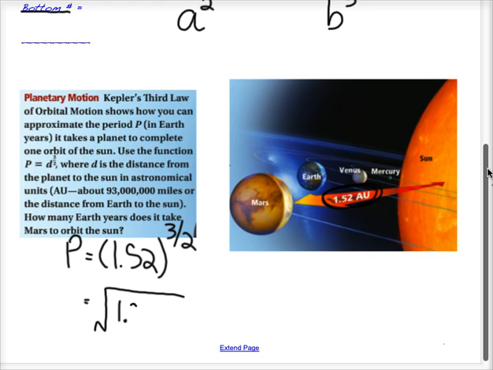The top represents my exponent. And you can type that into your calculator. You can square root 1.52 cubed, and when you do, you should get it is approximately 1.87 years.